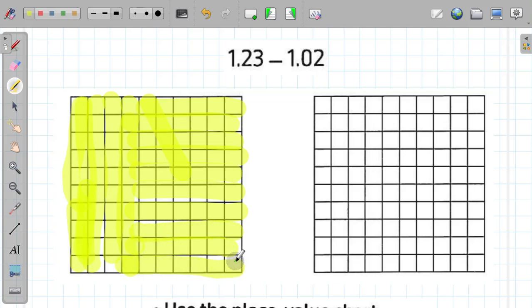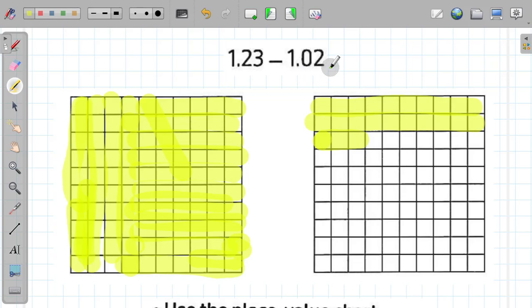Next, I will represent or shade the 23 parts here. So I will shade 2 columns or 2 rows like this, and just 3 parts like this.